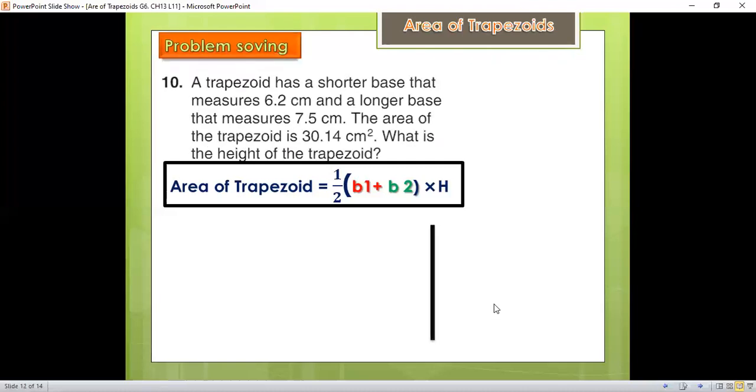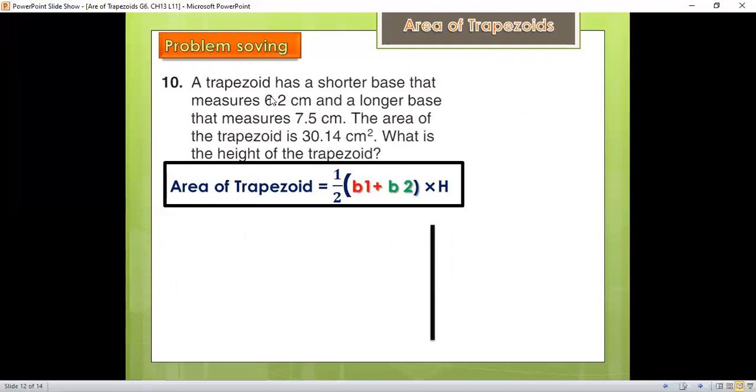Question number 10. A trapezoid has a shorter base that measures 6.2 centimeter and a longer base that measures 7.5 centimeter. The area of the trapezoid is 13.14 square centimeter. What's the height of the trapezoid? This question is like the one before.